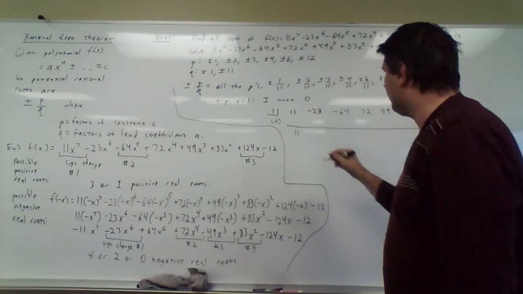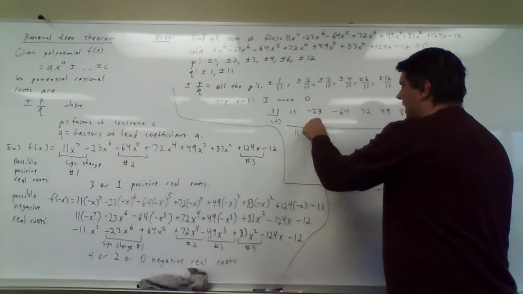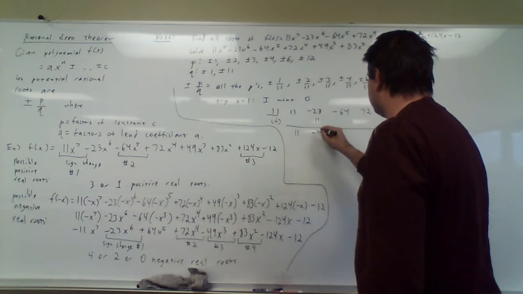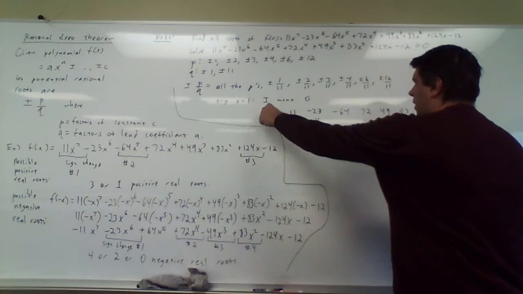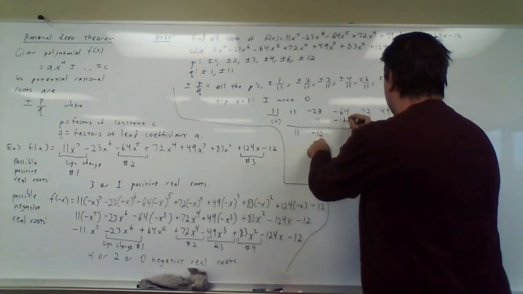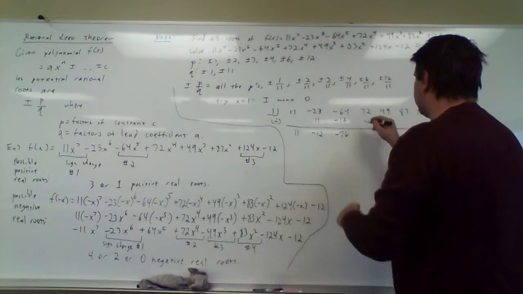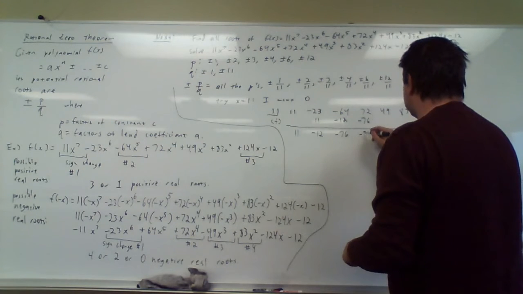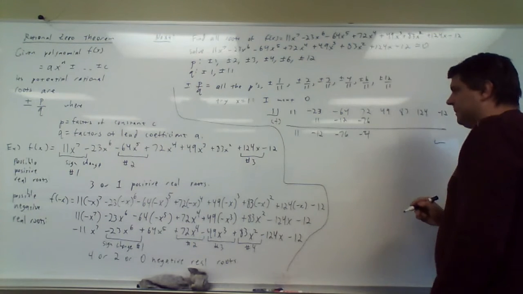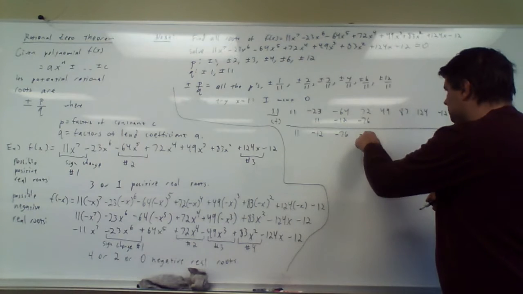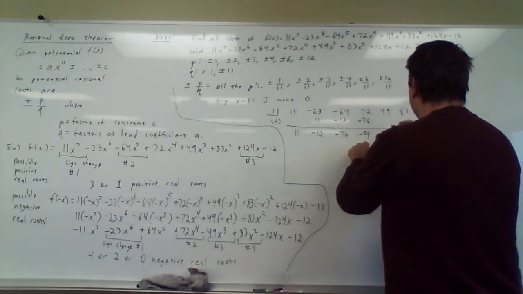So bring down the 11. 1 times 11 is 11. That gives me negative 12. 1 times negative 12 is negative 12. That gives me negative 76 1 times negative 76 is negative 76. That's negative 4 when you add them up. 1 times negative 4 is negative 4.